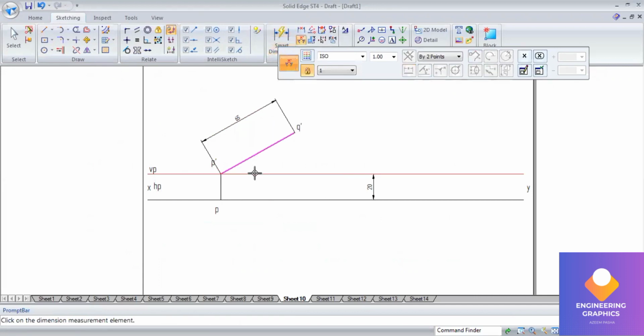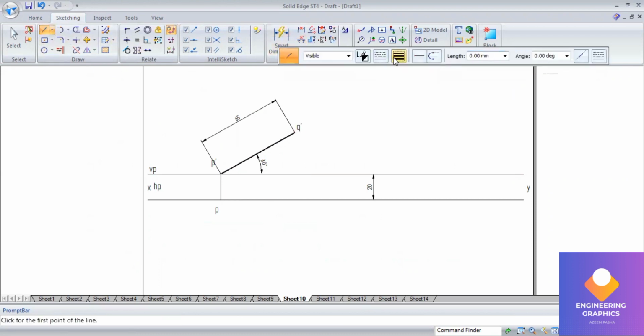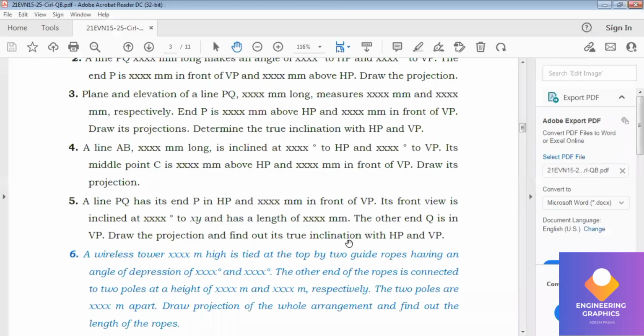Now draw the locus line with respect to the end of the line. The other end Q is in VP. Draw the projections and find out its true inclinations with HP and VP.